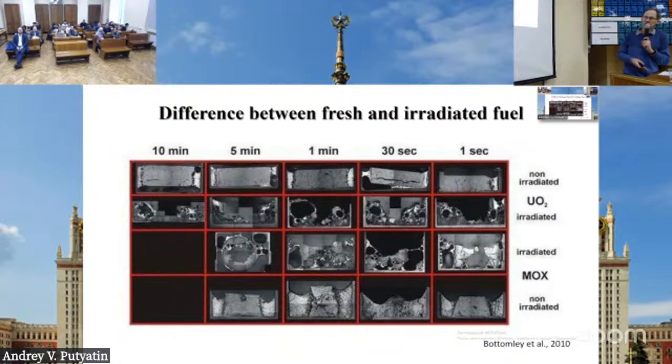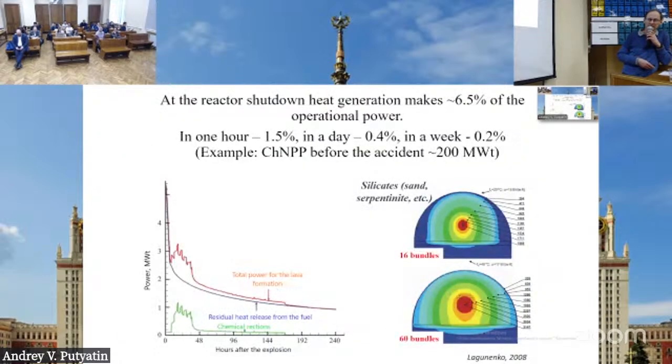So non-irradiated fuel behaves in a more predictable way than irradiated one. And so in actual accidents, we unfortunately have to deal with irradiated fuel, and therefore the experiments which model on a small, laboratory scale fuel-zircaloy reactions are not always very reliable, I would say.